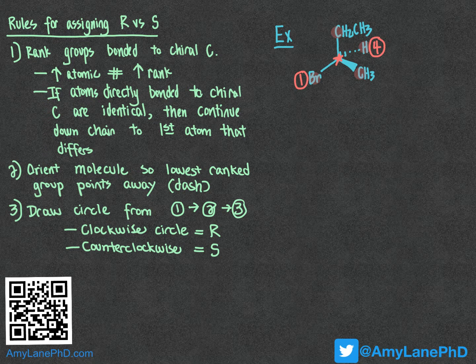The atoms directly bonded to the chiral carbon are identical, so move 1 position down the chain to the first spot that differs. From our methyl group here, we had a carbon in first place, and then after the carbon, I'm going to put in parentheses what's bonded to that particular carbon as our tiebreaker. Bonded to that carbon are 3 hydrogen atoms, so I'm going to put H, H, and H here.